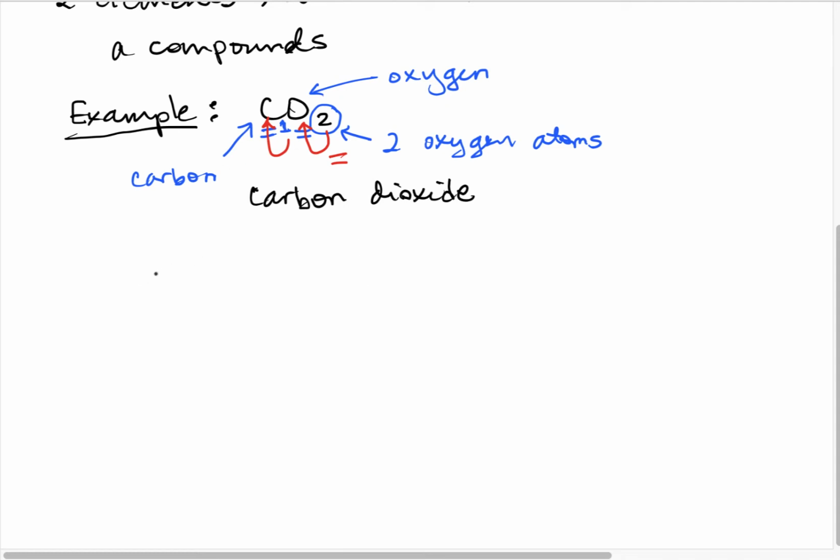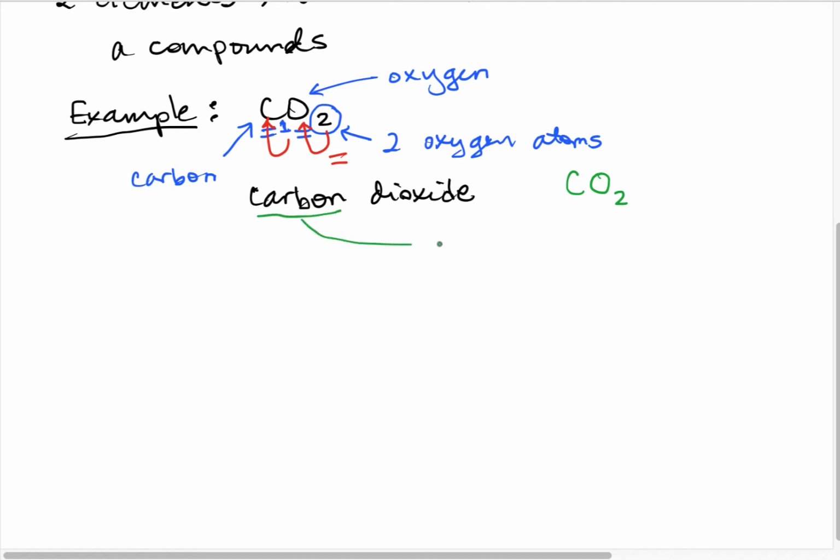And I want to talk about another example here really quick that you may also be familiar with before we talk about the rules in general for naming them. So carbon dioxide has a chemical formula that is CO2. And you can see the hints for this name, right?